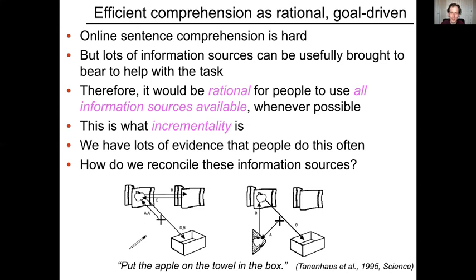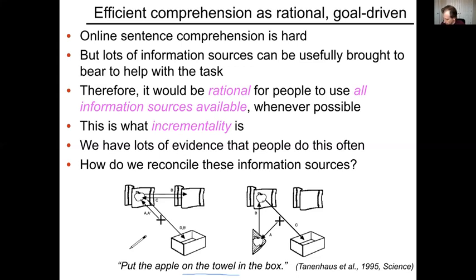A simple example that you saw earlier in the semester is a sentence as simple as "put the apple on the towel in the box," which might wind up being interpreted in rather different ways incrementally, in particular at the time of reading "on the towel," which is temporarily, locally ambiguous between an interpretation of modifying apple, where it's saying where the apple is right now before it gets moved, or modifying put, where it would be describing where the apple is supposed to go.